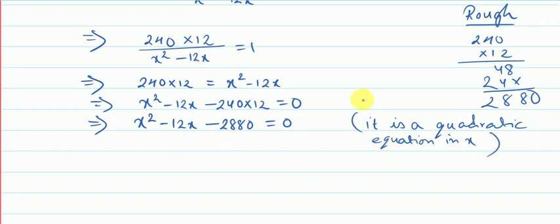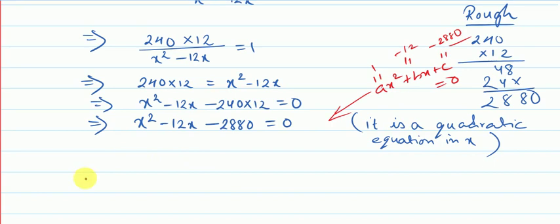You can compare this with the general quadratic equation, a x square plus bx plus c is equal to 0. So here in place of a we have 1, in place of b we have minus 12, and in place of c we have minus 2880.